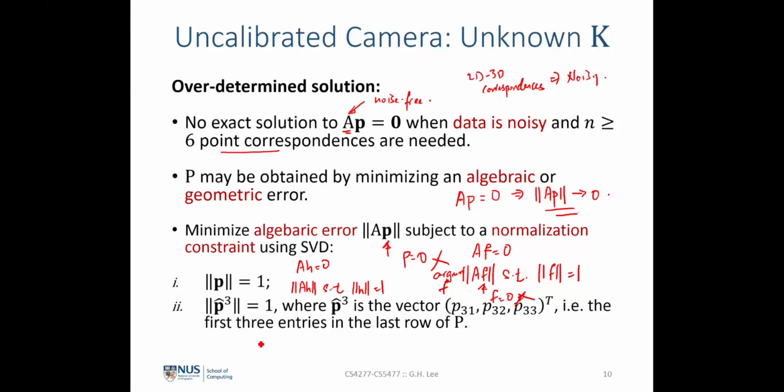If I were to write the P matrix in this way, this is the capital M, the 3 by 3 matrix, and this is the 3 by 1 vector over here. So P3 over here means I'm taking the last row of M, the 3 by 3 matrix, and I want to subject the norm of this to 1.